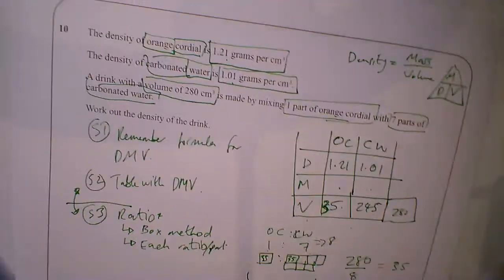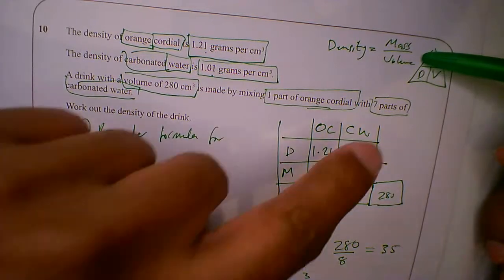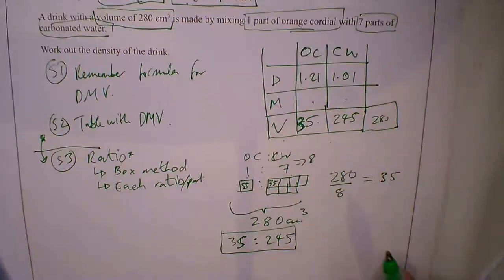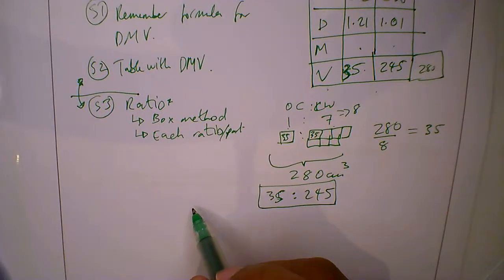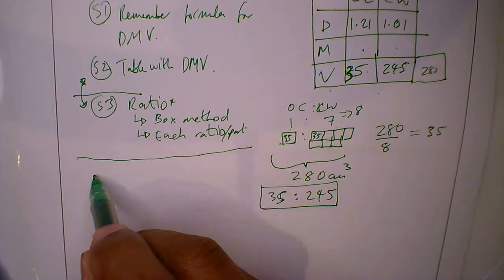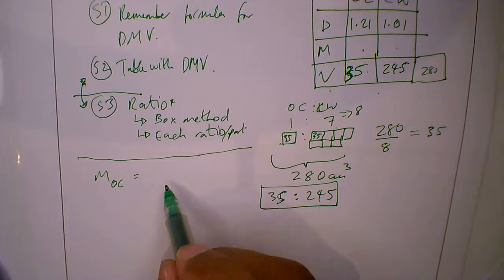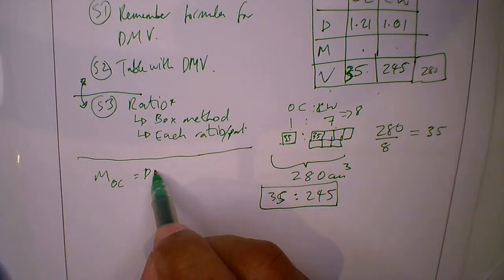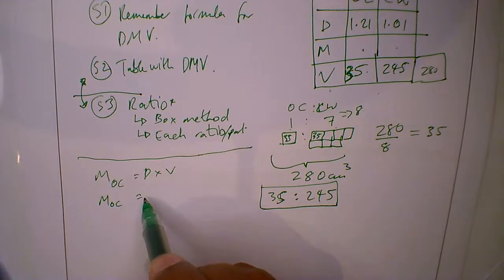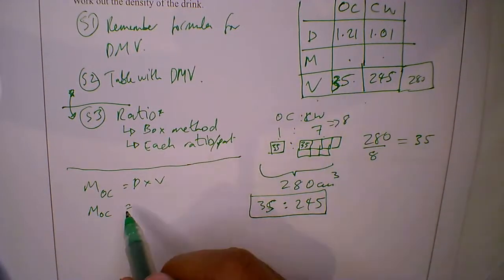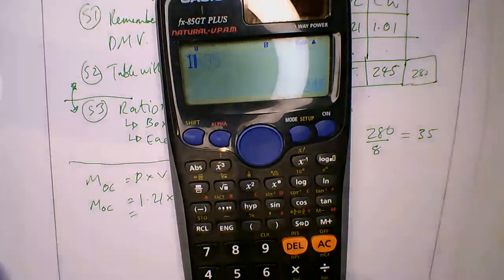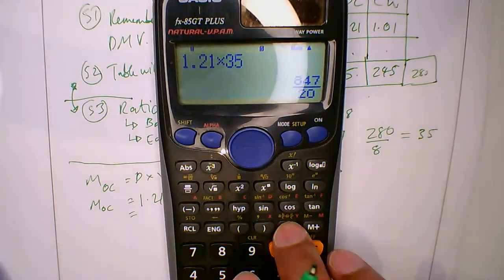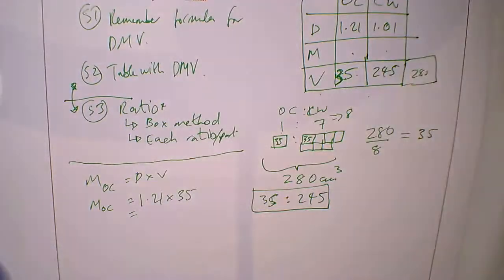If I cover M here, M equals D times V. So the mass of OC equals D times V. My 1.21 times 35 gives me 42.35.